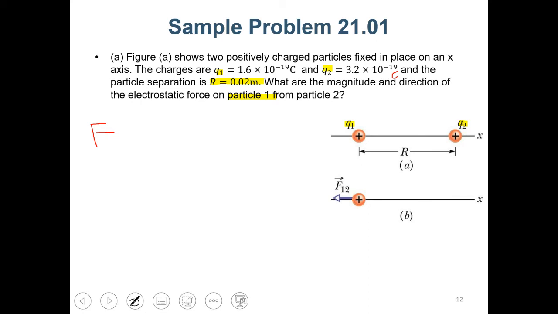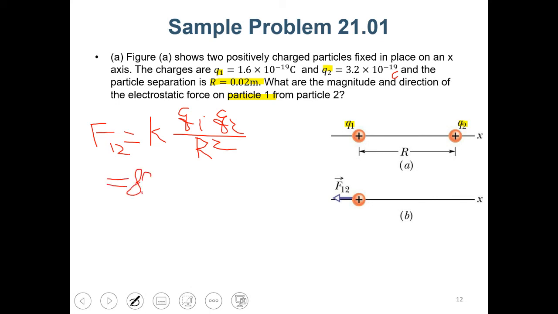So you use F equals k times Q1 Q2 over r squared, and then you just substitute the numbers.